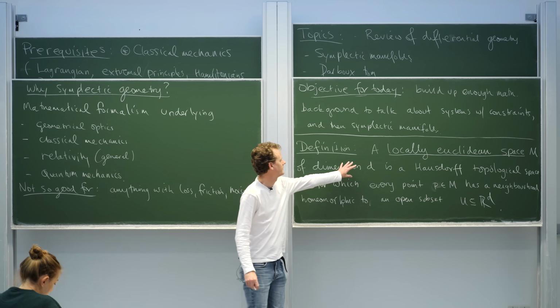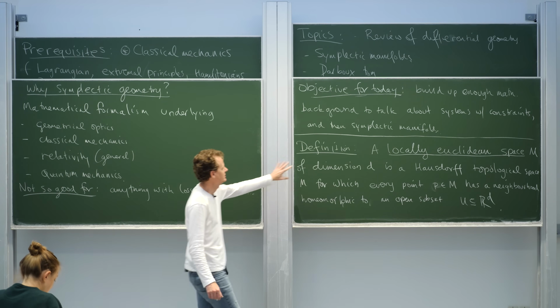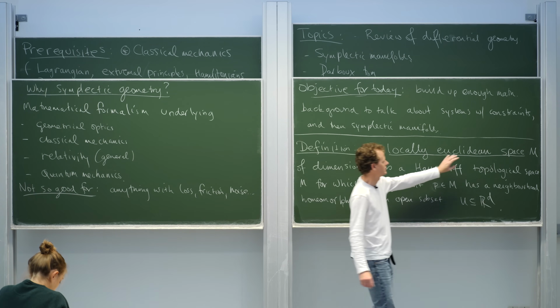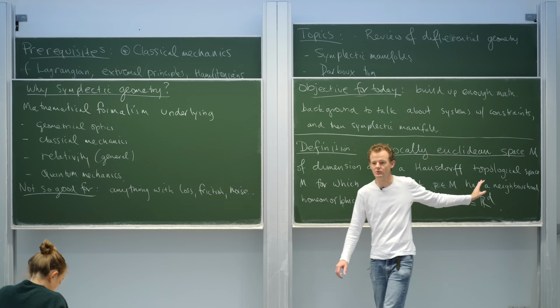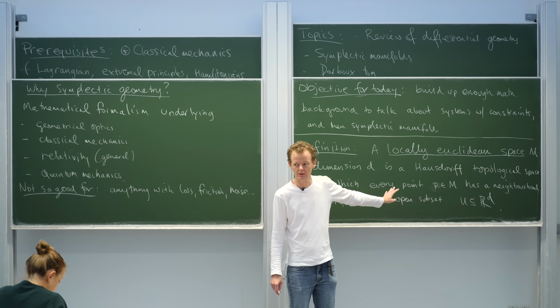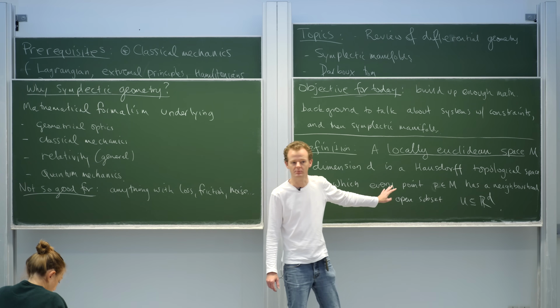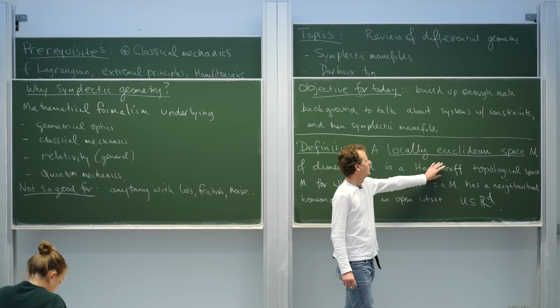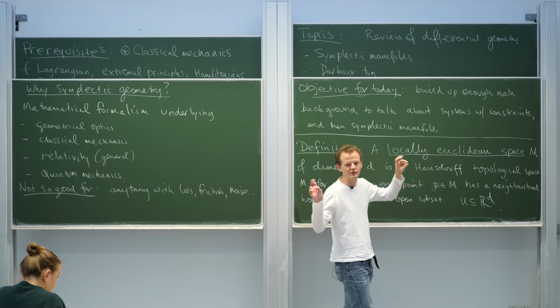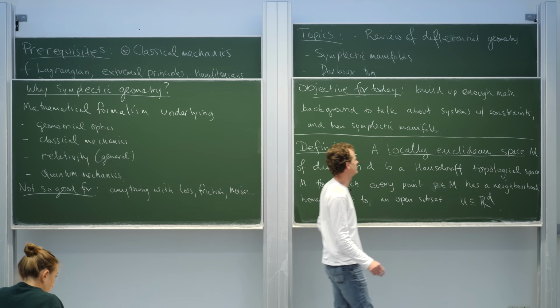Okay, that's the definition here. A locally Euclidean space of dimension d is a Hausdorff topological space. Those words you may or may not have encountered. If you haven't and you don't want to, then just think "sufficiently nice" as the physicist's way of translating Hausdorff topological space.